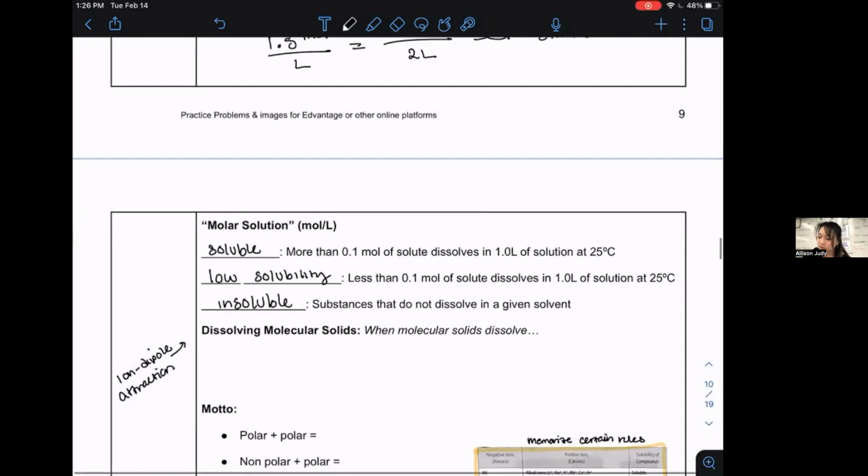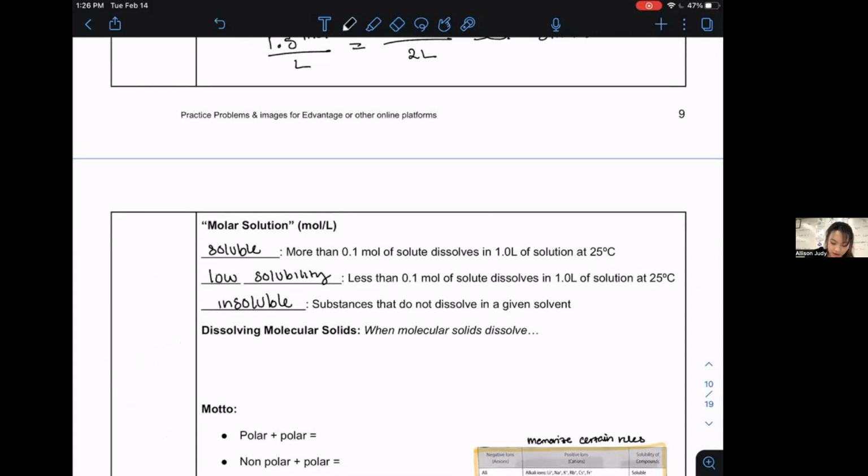When we think about molecular solids being soluble, we've already talked about ionic compounds being soluble. They have this unique ion-dipole attraction, right? But molecular solids are totally based off of IMFs, don't forget that.